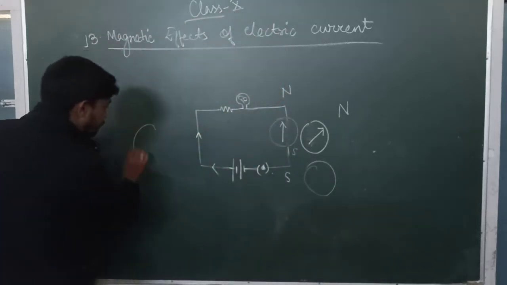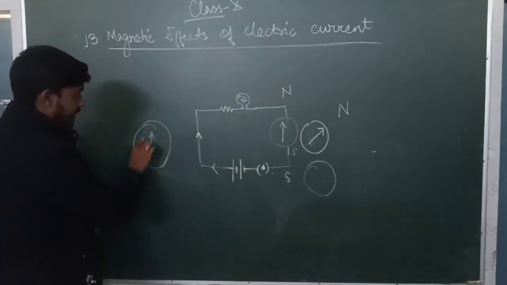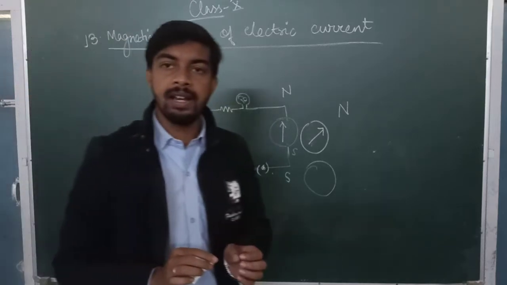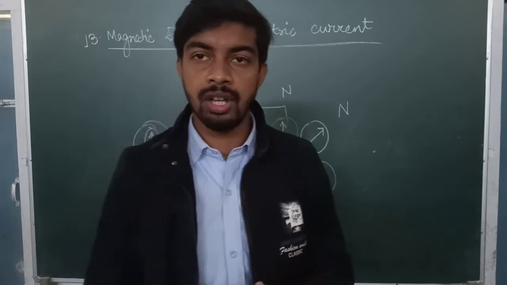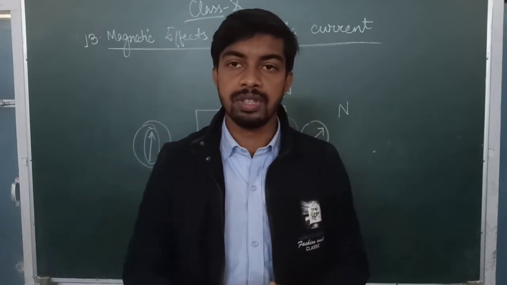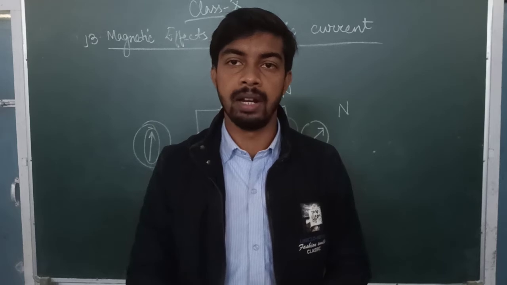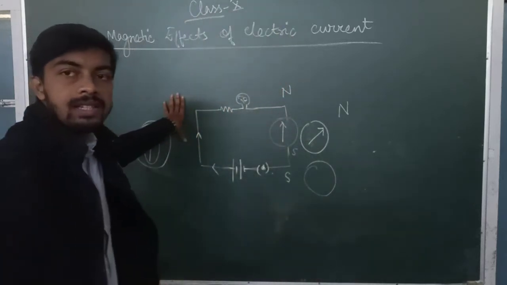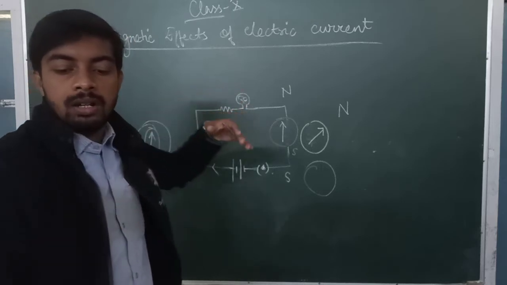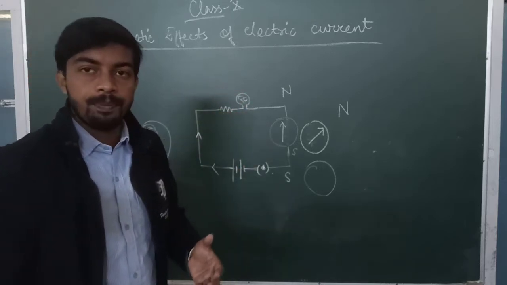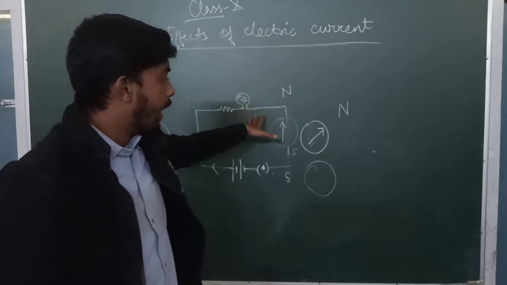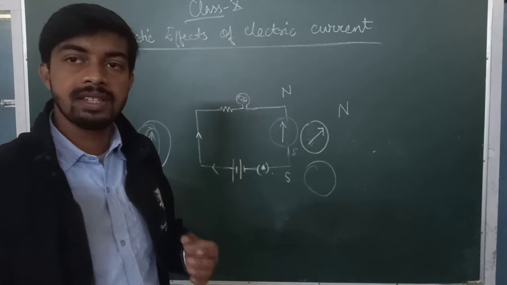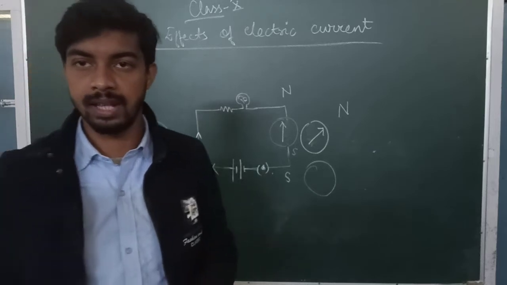The needle inside the compass is actually a piece of magnet, and a magnet can only change its direction or deflect when some other magnet is brought near it. So with this experiment, Hans Christian Ørsted got the idea that whenever electric current flows through any circuit, it induces some magnetic field within the circuit.